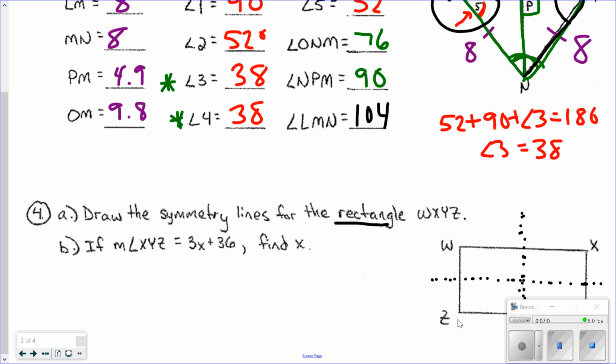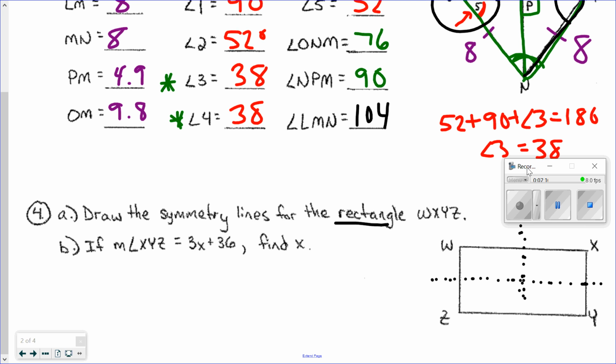Now, if we know that angle XYZ is 90 because we have a rectangle. The definition of a rectangle is that all angles are 90 degrees. And we know that that angle is equal to 3x plus 36.